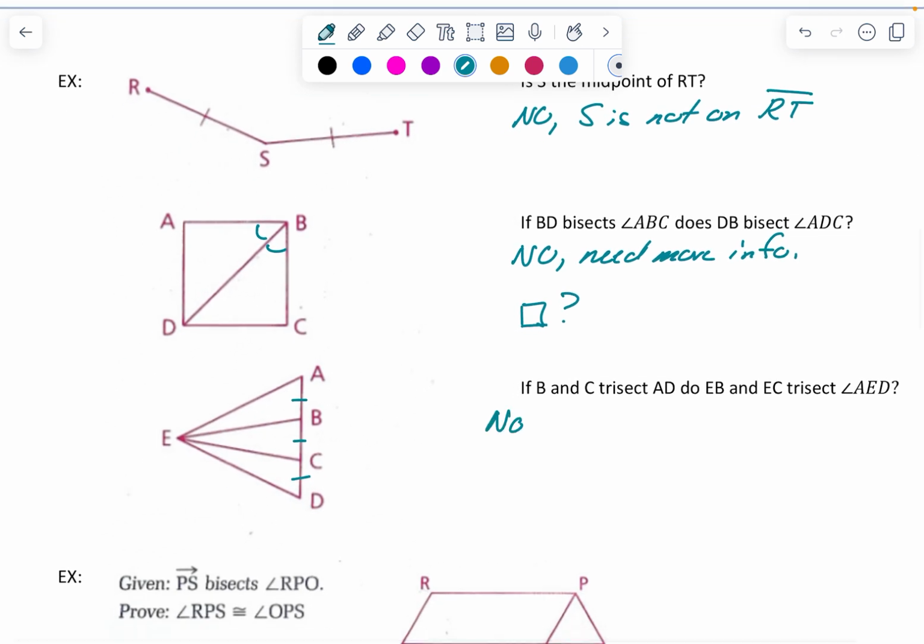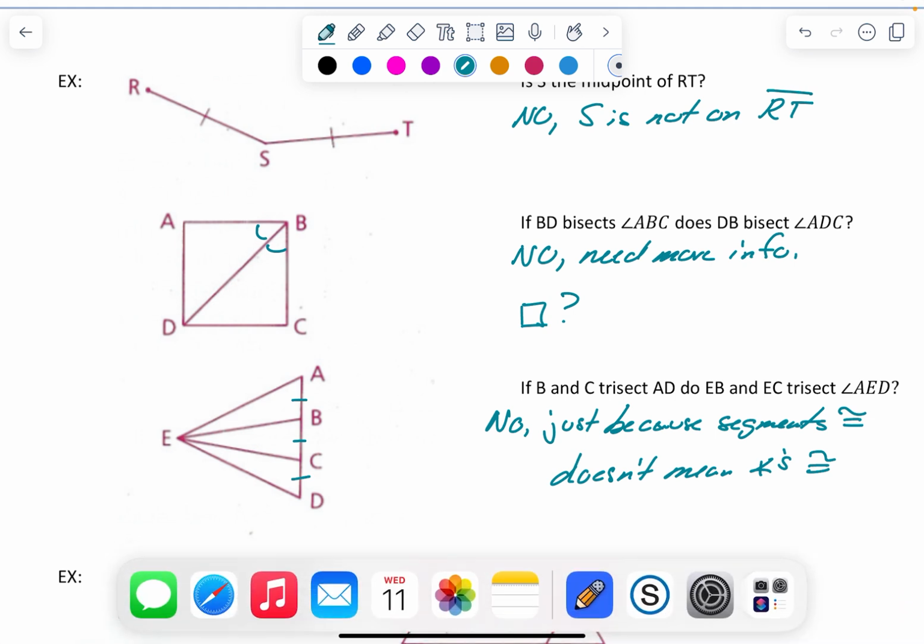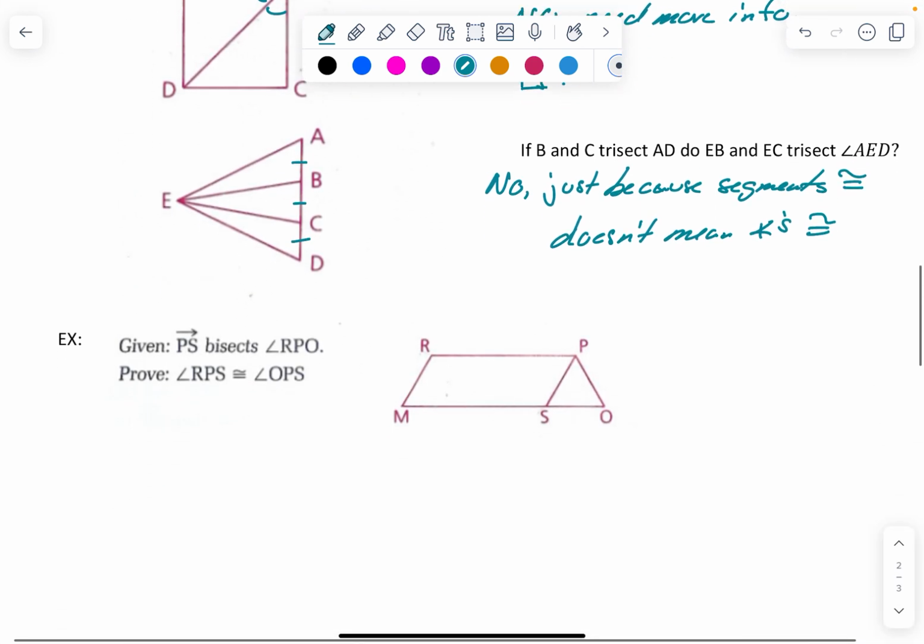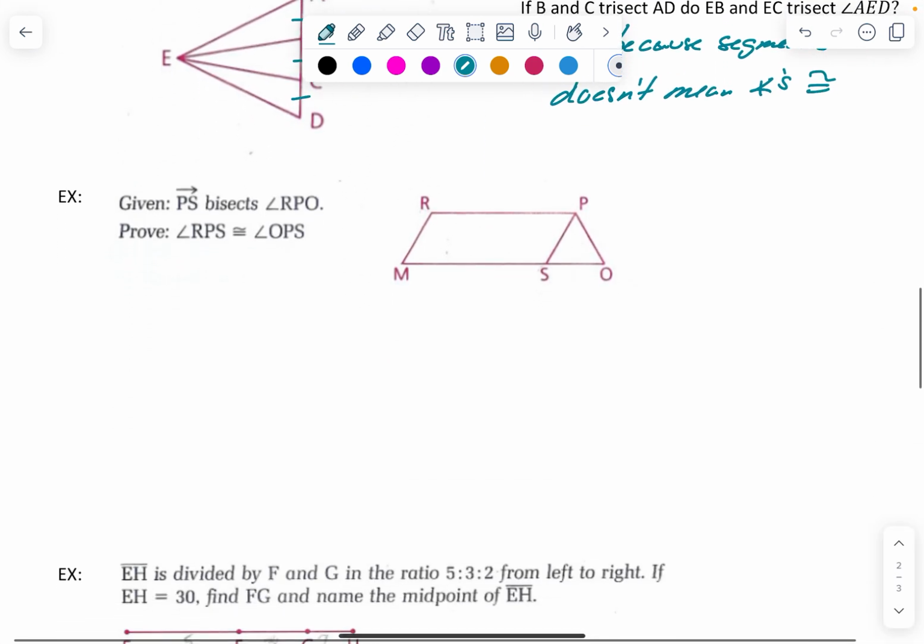So no, just because these segments are congruent doesn't mean that the angles are congruent. Okay, so we don't know that for a fact. We don't know what kind of triangle that is. You can't go by the picture.